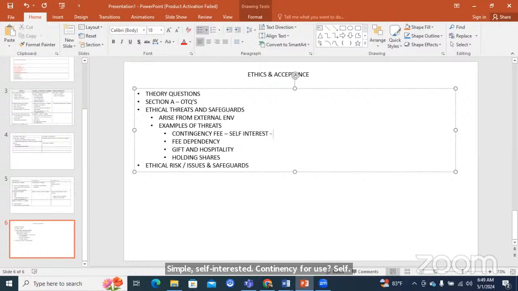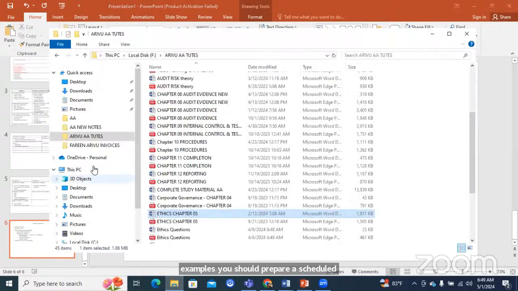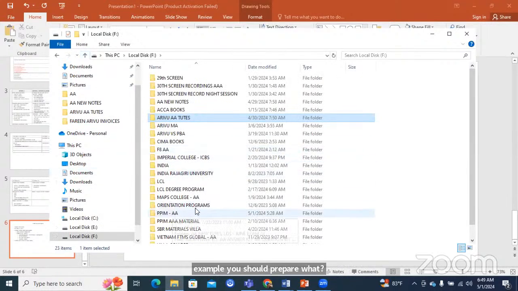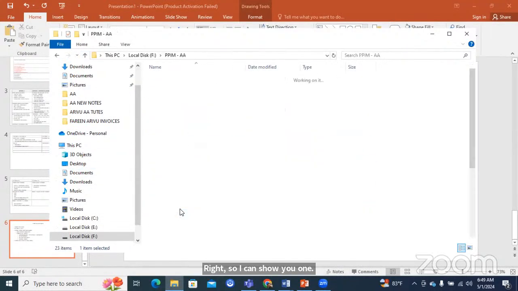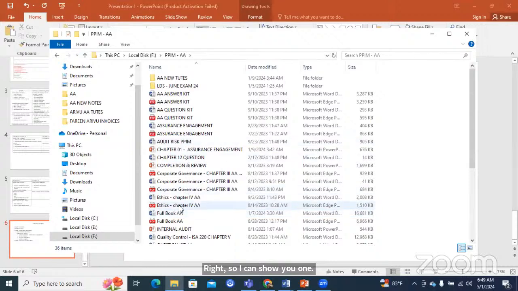What is the safeguard? Prohibited. Likewise, for all the examples, you should prepare a schedule. Right. So I can show you one schedule here. One minute.